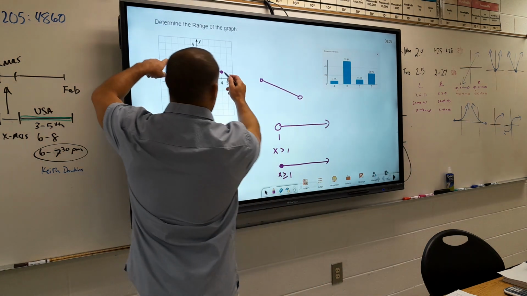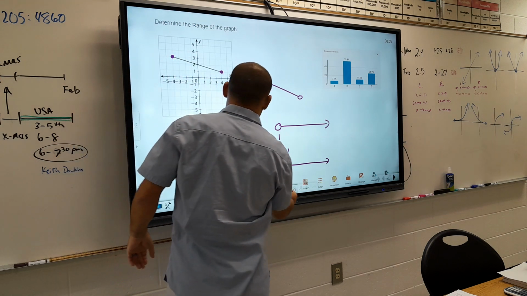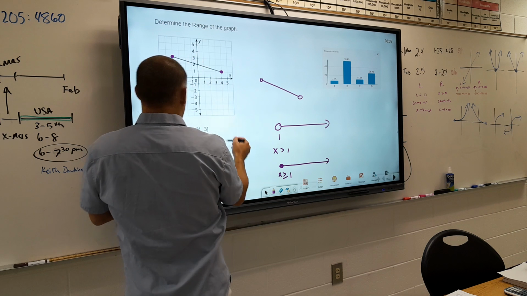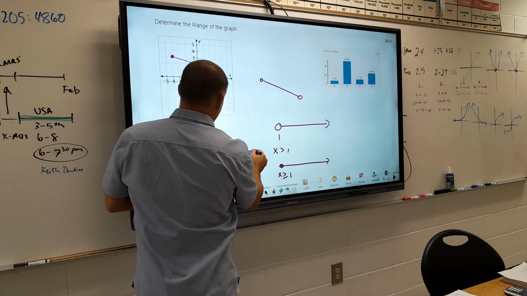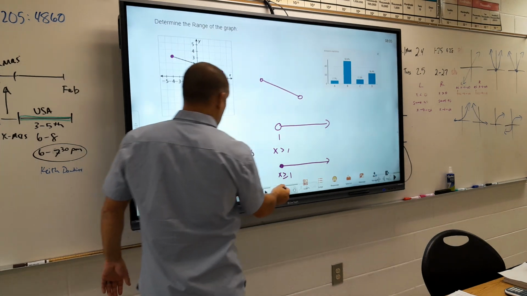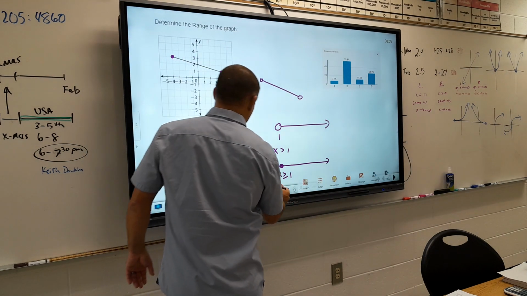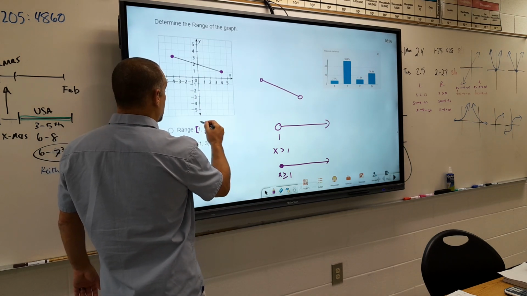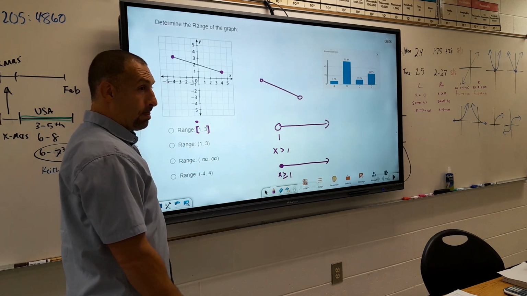Now these are closed circles. So what that means is this one would be if it had been an open circle to there. That's what this means. This means open circle. Okay, I really didn't go over any open circle ones. So technically that is the actual answer because that means closed circle.